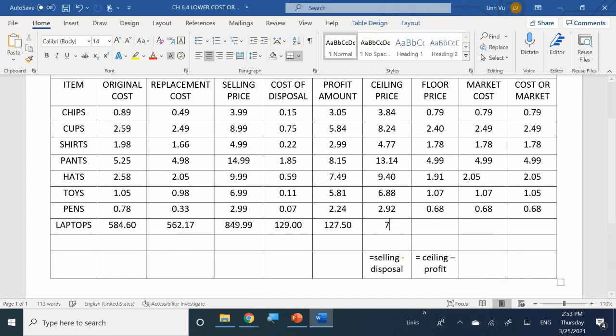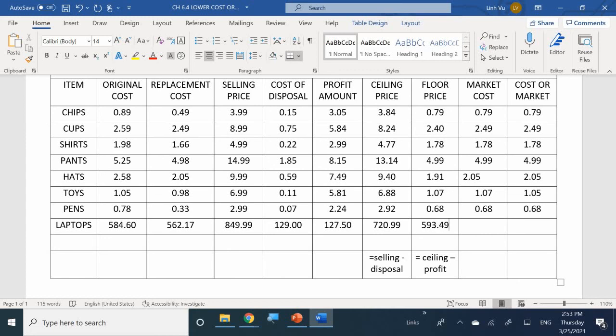$720.99. So you took the $849 minus the $129, which should be $720.99. Good. What's my floor? $593.49.